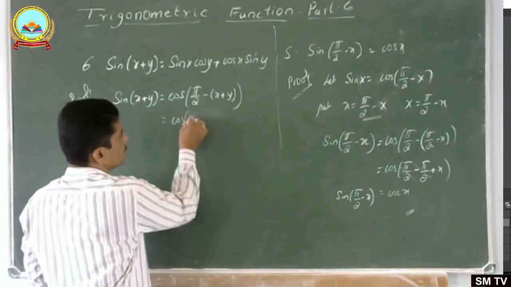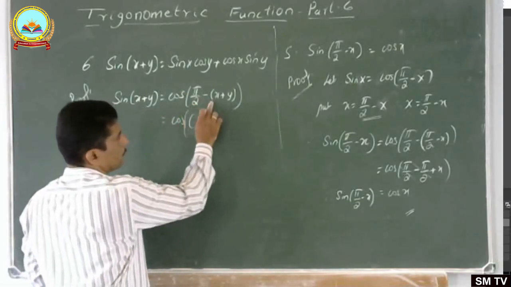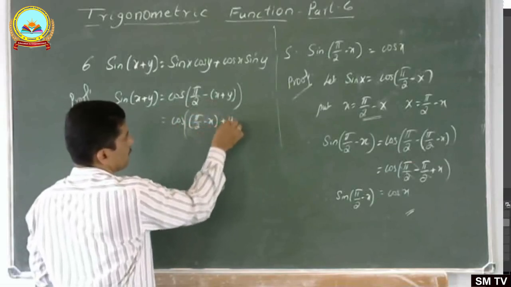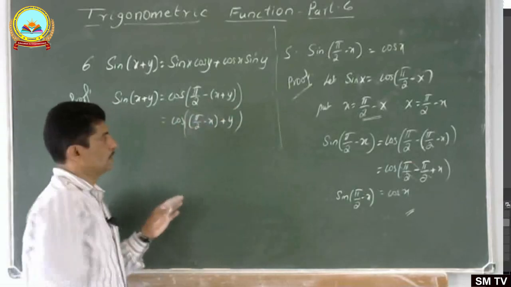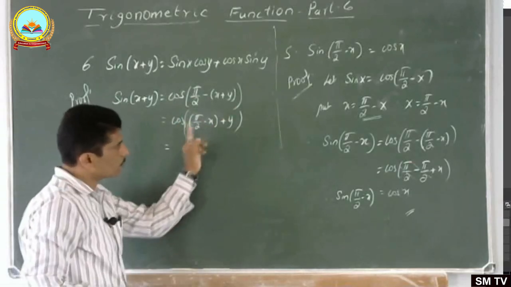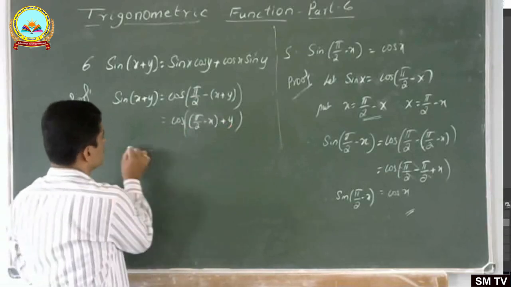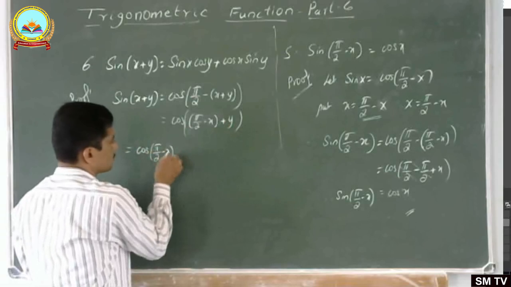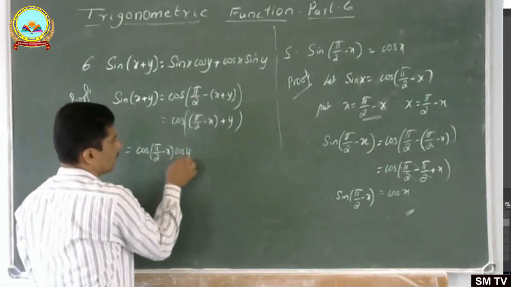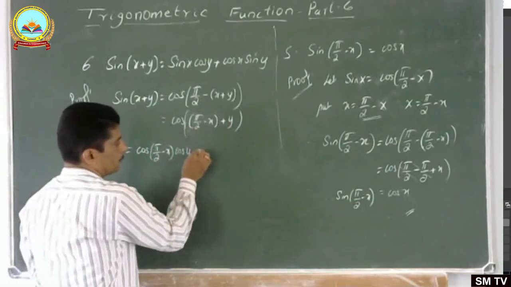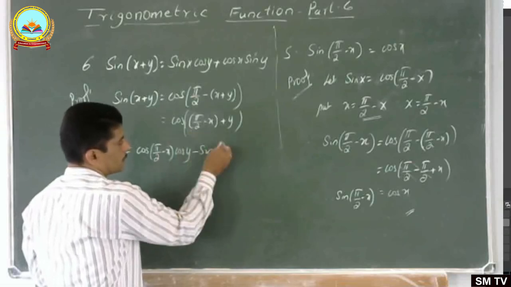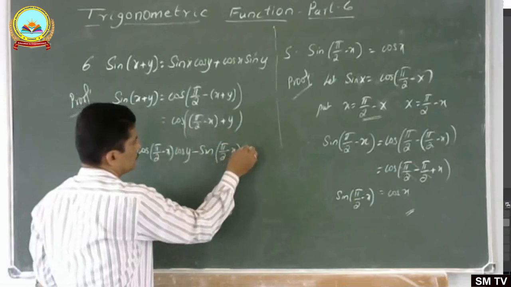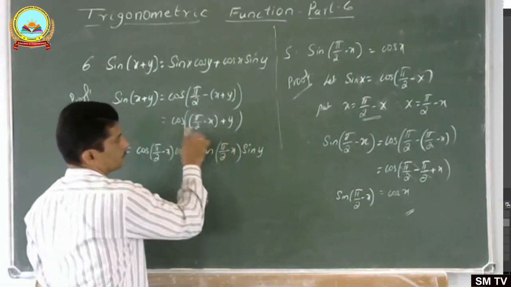Associative properties exist, therefore you can write pi by 2 minus (x plus y) as (pi by 2 minus x) minus y. Both are the same. Next, using the compound angle formula cos of x plus y, its value is equal to cos of (pi by 2 minus x) into cos y minus sin of (pi by 2 minus x) into sin y.